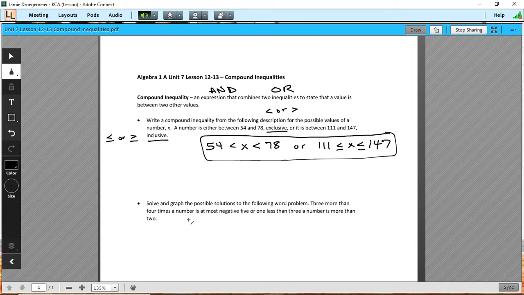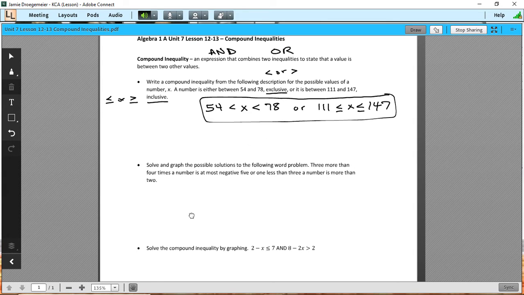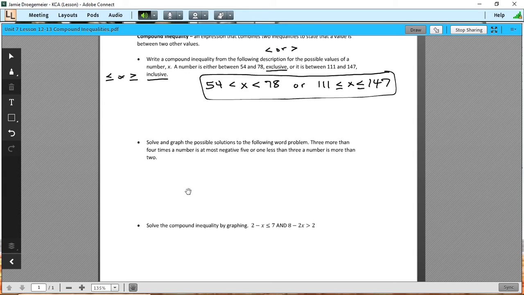Our second example asks us to solve and graph the possible solutions to this word problem. It says 3 more than 4 times a number is at most -5, or 1 less than 3 times a number is more than 2.